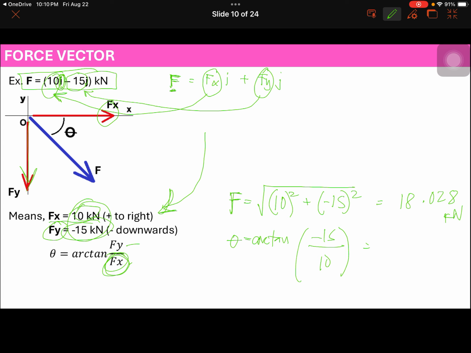And arctan is negative 15 divided by 10.